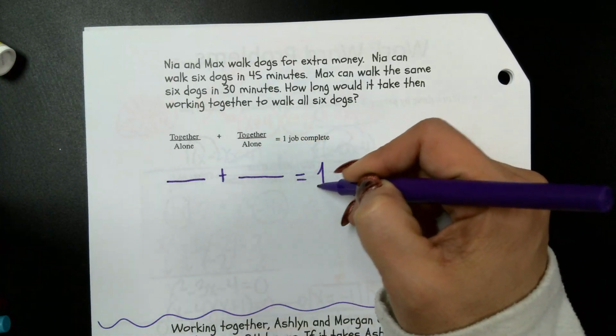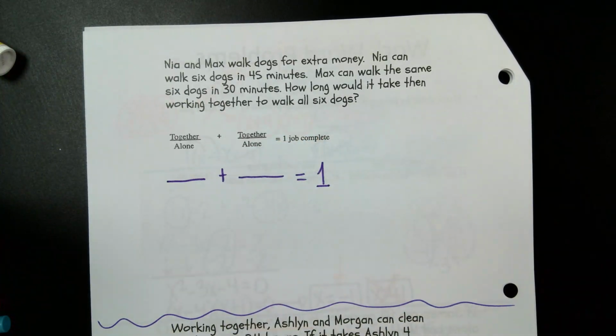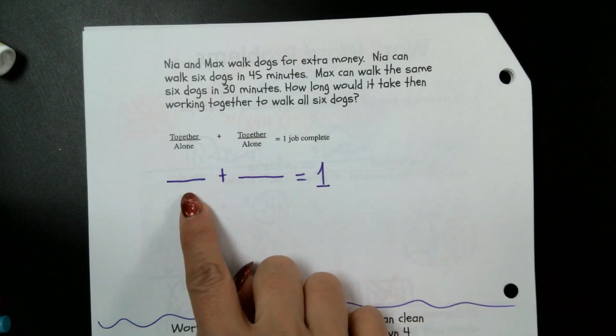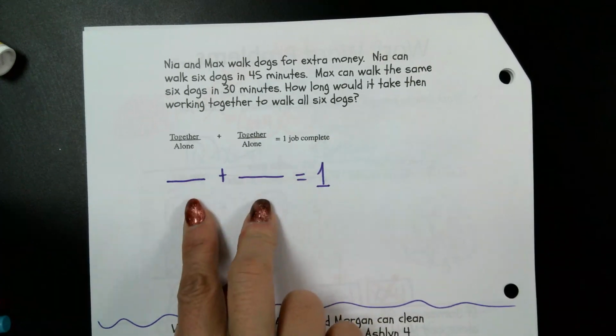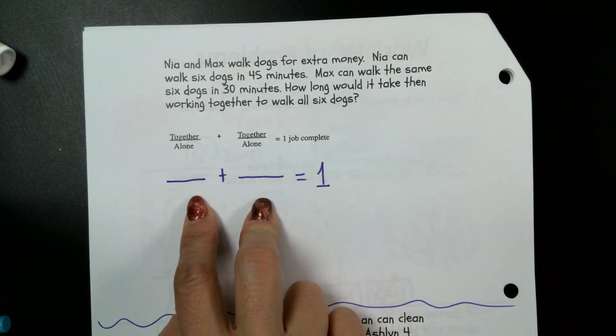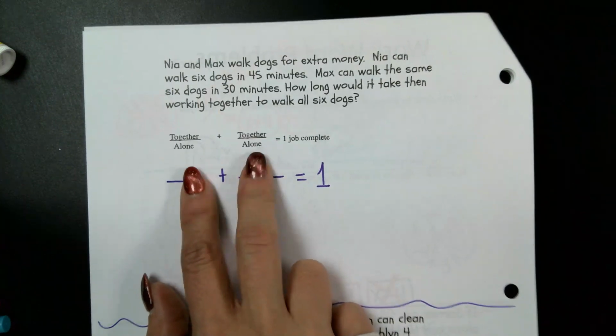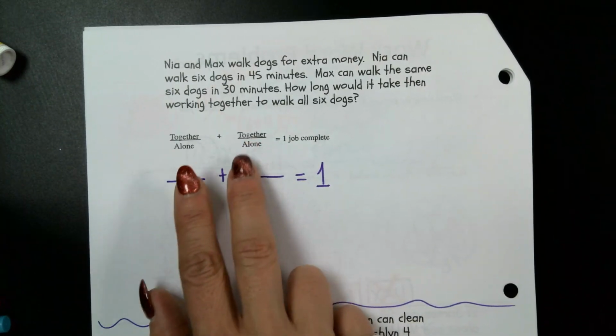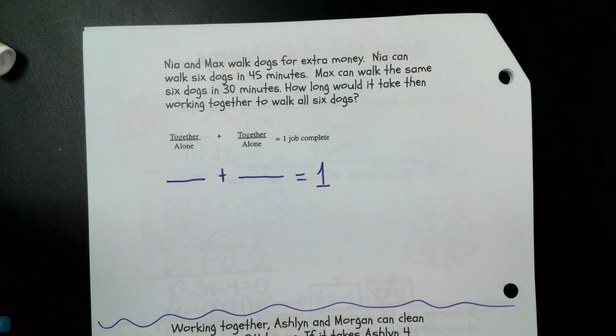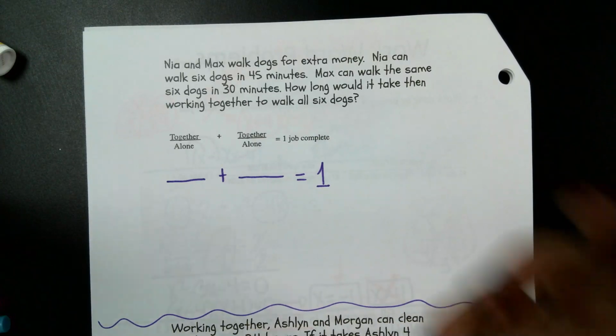This is just like the kind we just did. So you will put somebody's individual time here, somebody's individual time here, and then since we're looking for how long it takes together, what goes up top? T, right? Whatever letter you want to use.